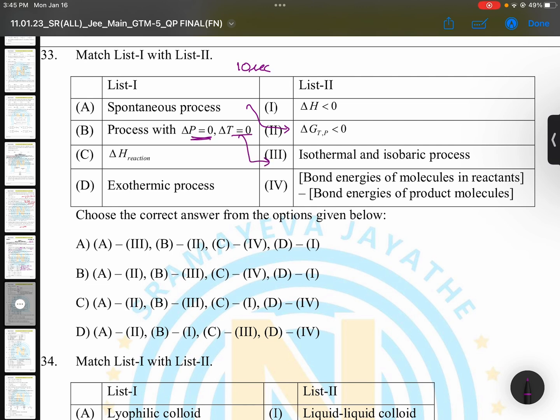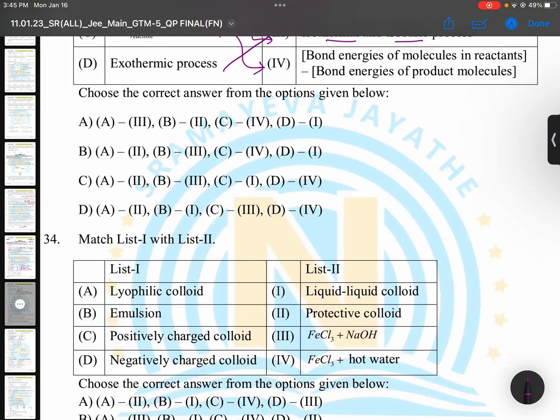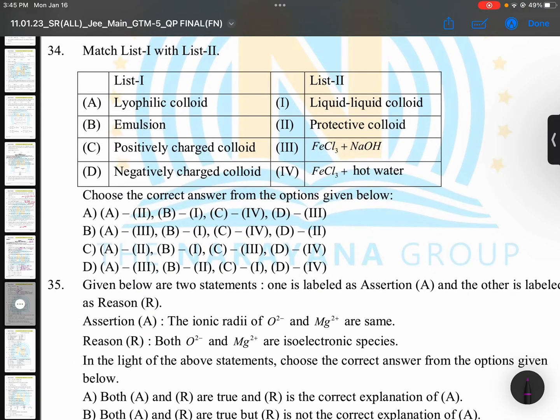Delta P0, delta T0, isothermal and isobaric. Delta H of reaction definition, exothermic process. Protective colloid, lyophilic. Emulsions, liquid.